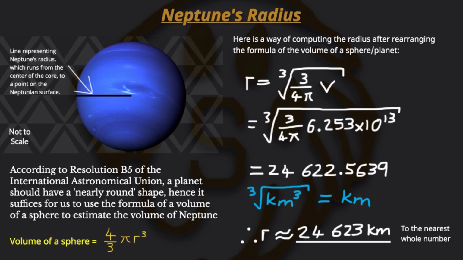Then we get 24,622.5639 kilometers. The reason I'm saying kilometers is that the value of the volume is in cubic kilometers, so when you cube root that you get kilometers. The radius is approximately equal to 24,623 kilometers.